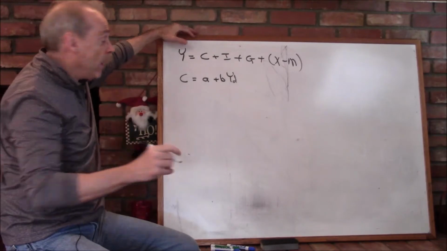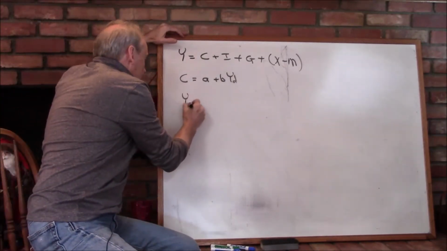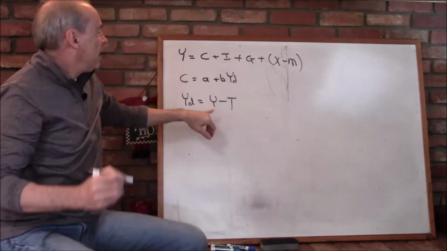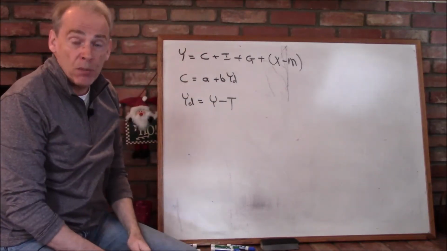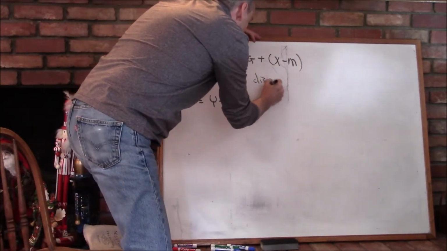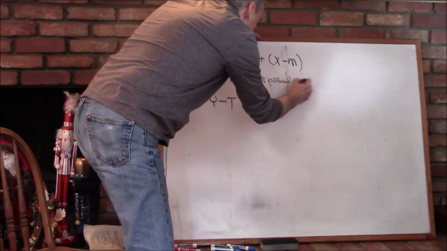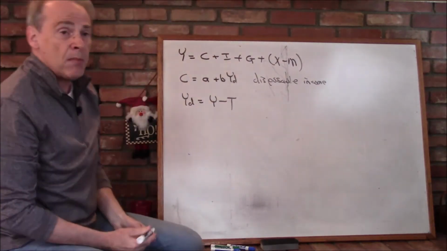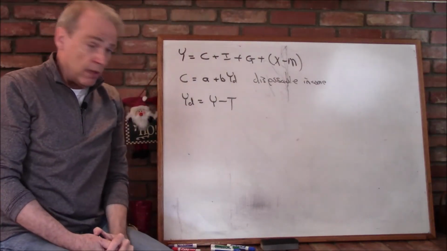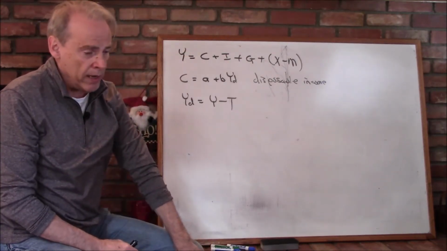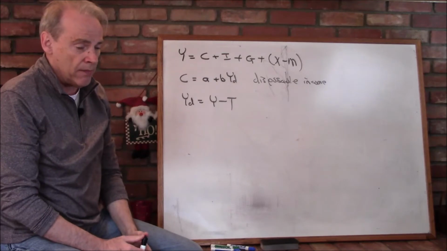Not Y, but YD, where YD is total income minus taxes. It's disposable income. That's the amount of income you have left after taxes. So consumption really can't take place from money that was taxed away. It can only take place with money you have left over.